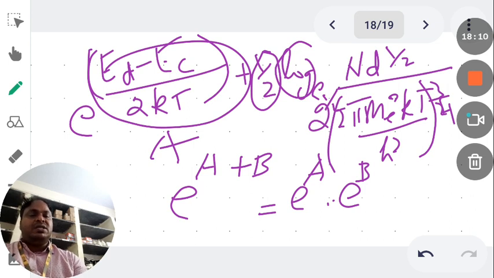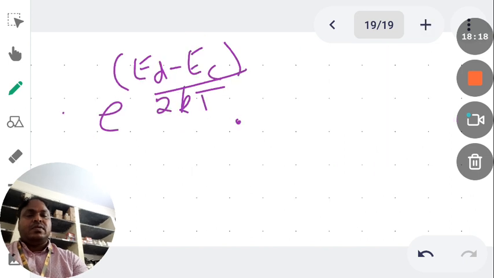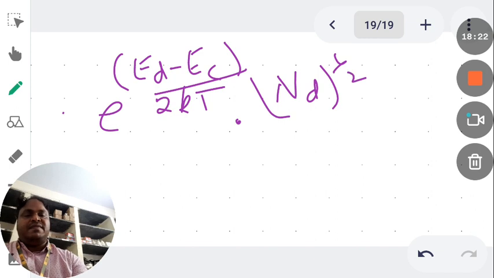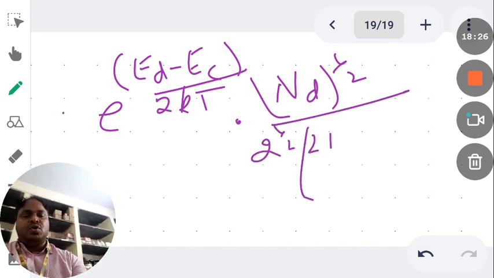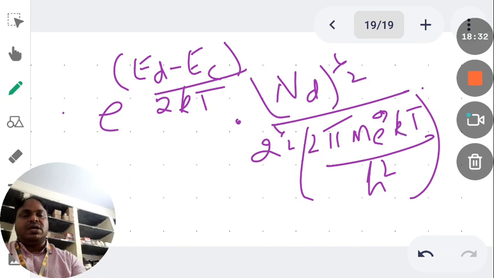So we will have only this B term, which is ND power half into 2 power half into 2 pi me star KT by h square power 3 by 4.